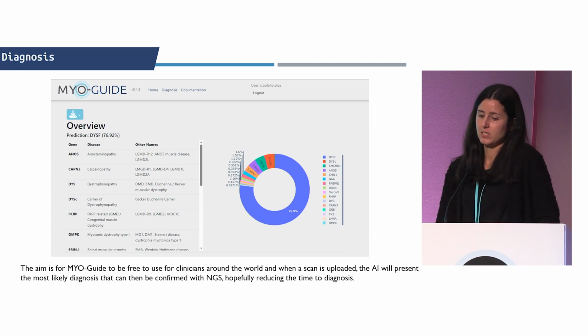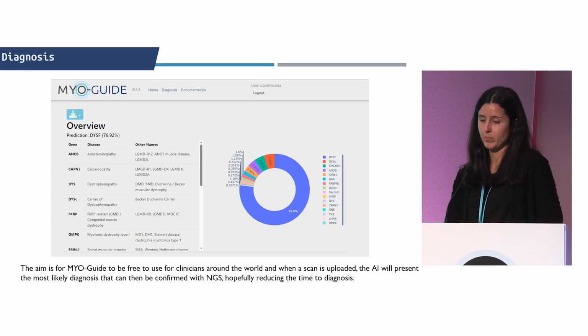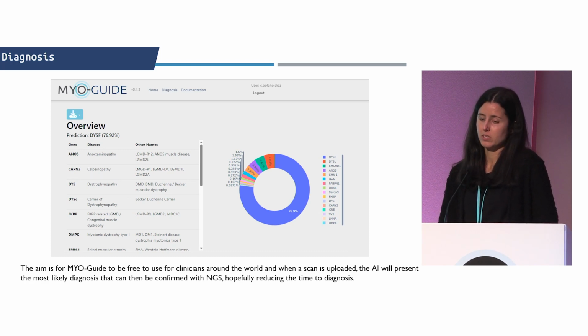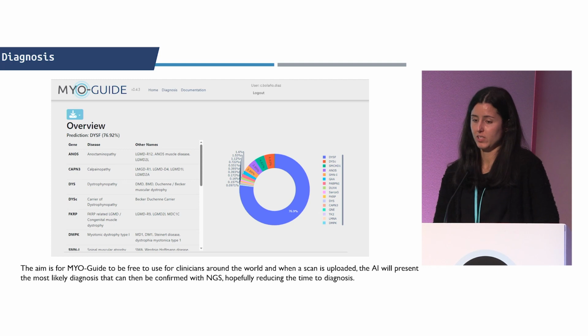And basically, it would be to upload a scan MRI, and the software, the artificial intelligence, will present the most likely diagnosis that then of course will be confirmed by genetic tests. So basically, we plan to reduce the time of diagnosis by the neurologist by using an artificial intelligence.